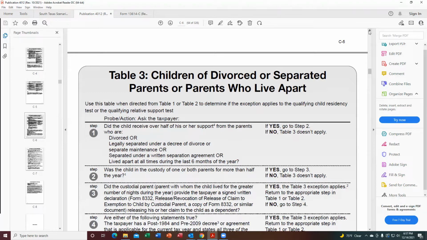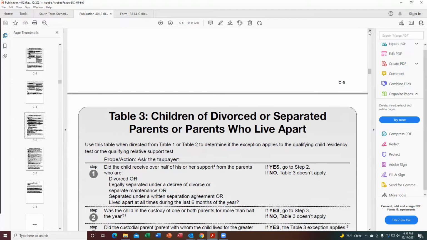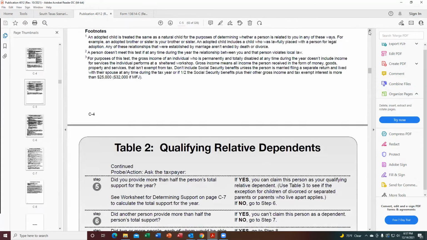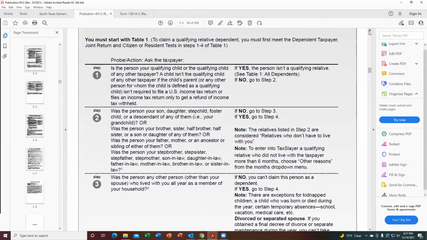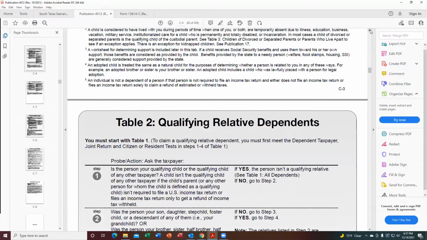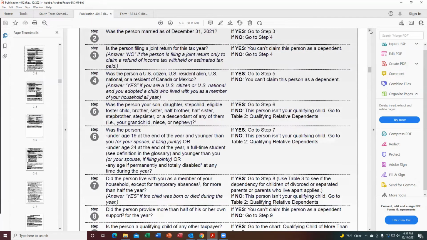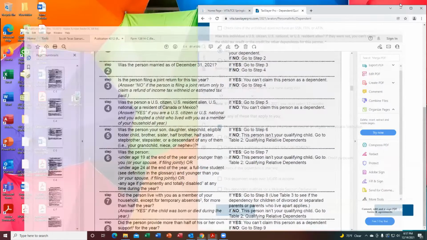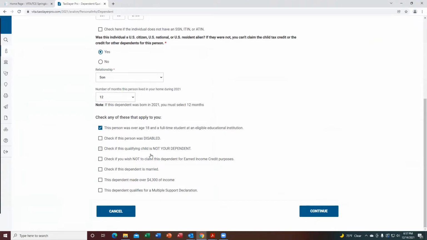But usually the custodial parent is the one that's going to disclose or say anything in regards to that. So that's the only thing we're checking off, that he's over 18 and a full-time student at an institution. Right. So number 6. So that's the reason we're able to go ahead and place him as a dependent.